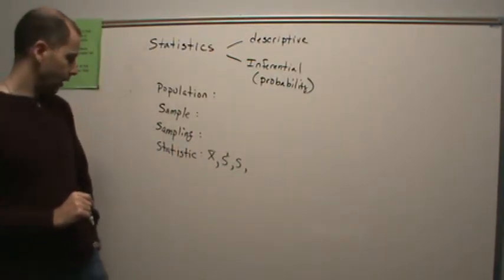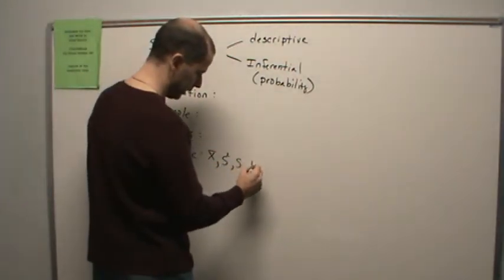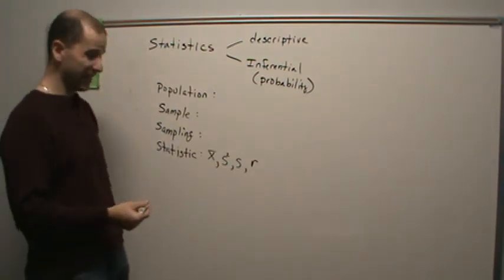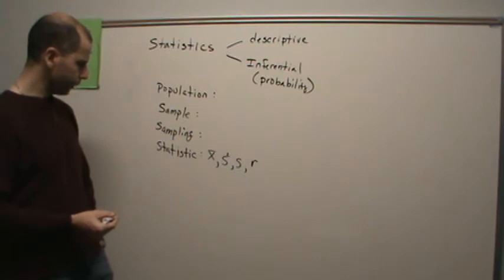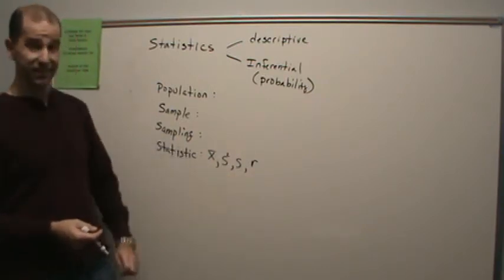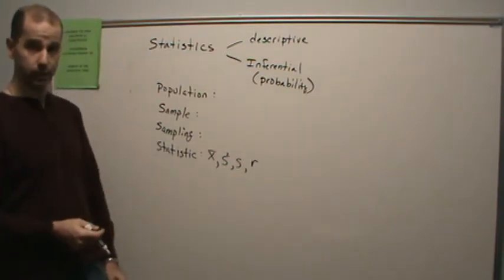Another one that we're going to use later in the semester is r, which is the correlation coefficient. We're going to use that in chapter 12 or 13. Anyway, these are statistics. One thing you want to notice is that statistics use regular lowercase letters.